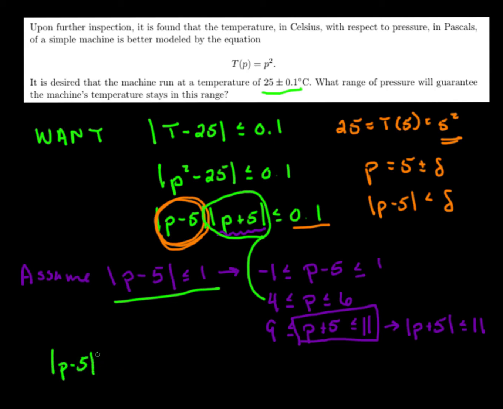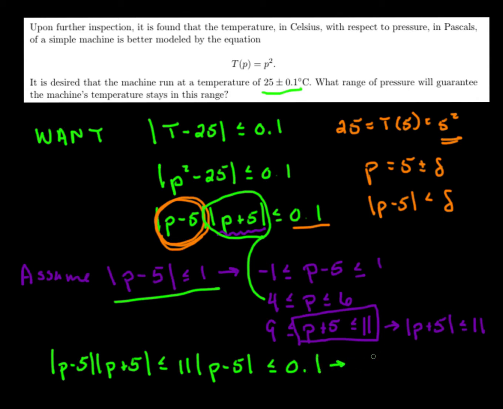then P minus 5 times P plus 5 has got to be less than, well, because this guy is less than 11, it's going to be less than 11 times the absolute value of P minus 5. And I want that to be less than or equal to 0.1.